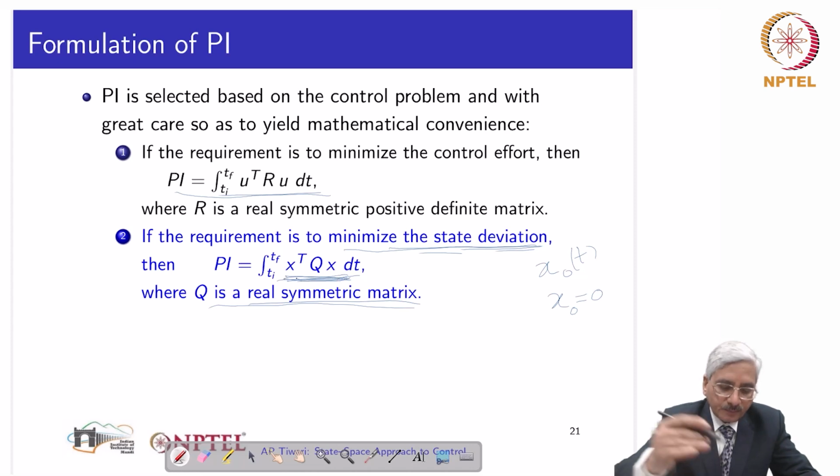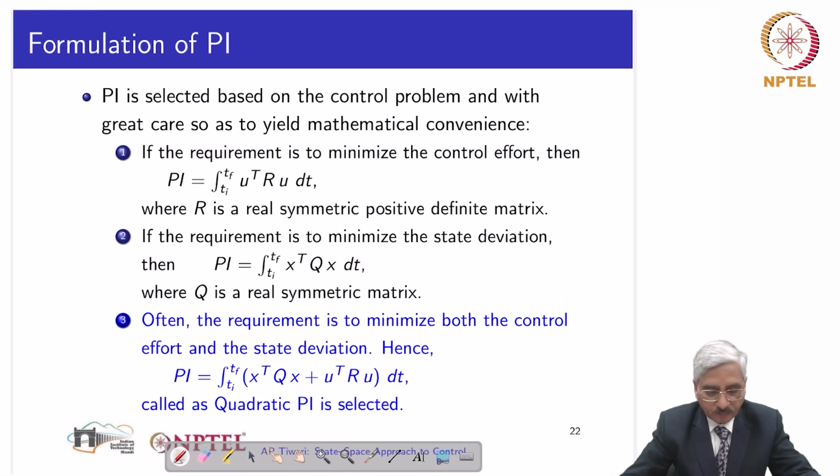And often, to be practical, the requirement is specified in terms of both the control effort and the state deviation. This is a more practical approach. The performance integral is the sum of a quadratic in x depending upon the weighting matrix Q and another quadratic in the input u, which is through the weighting matrix R.